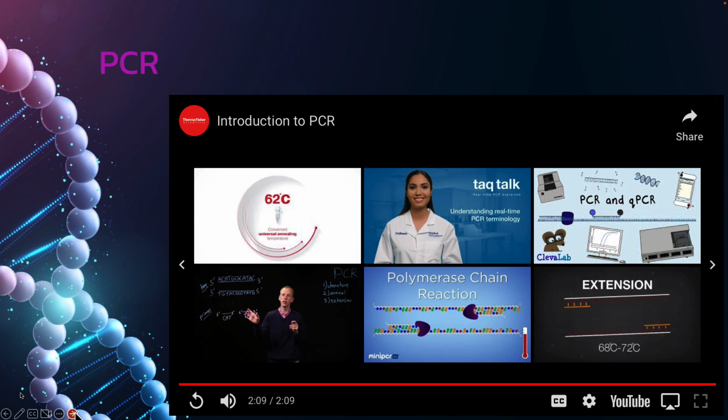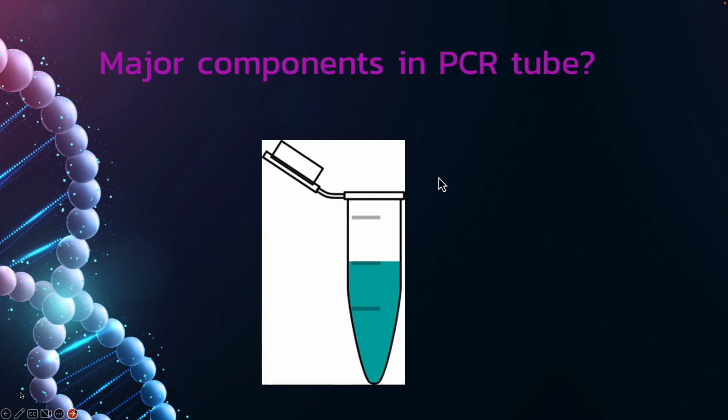All right. So the major components in a PCR tube, hopefully you remember them, but you definitely are going to need template DNA. So you need the DNA that you're going to amplify. You need primers, because primers are important for DNA polymerase to have a place to sit and to know where to sit.